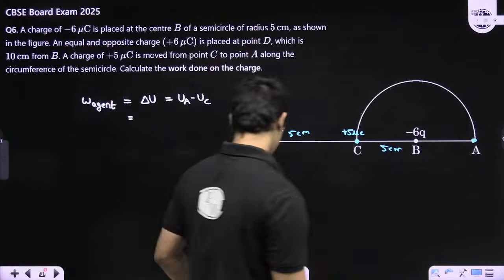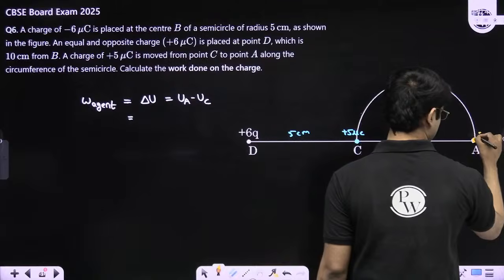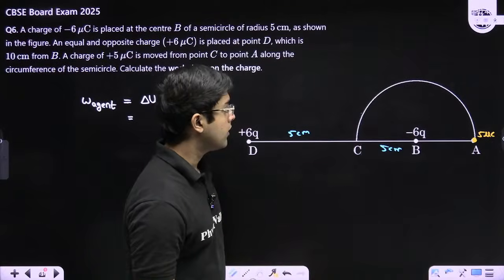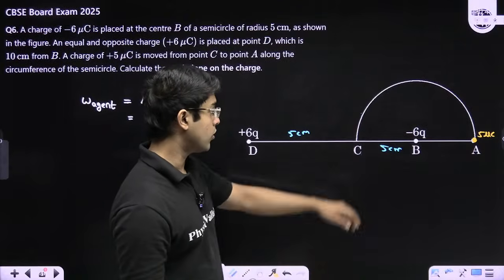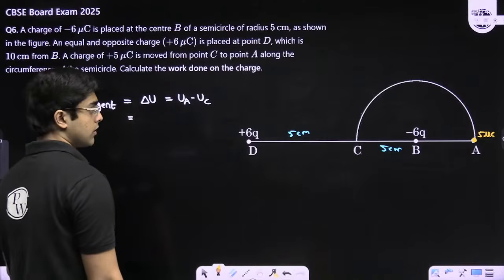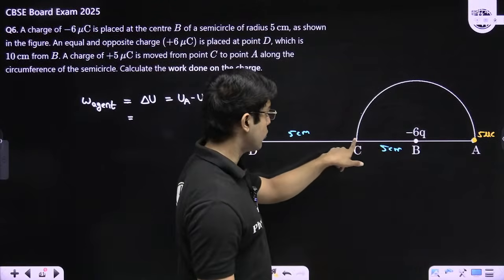UA is the potential energy when this 5 microcoulomb is over here, U final basically. And UC is the potential energy when 5 microcoulomb is at C.